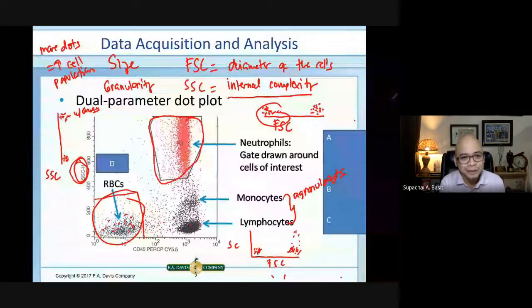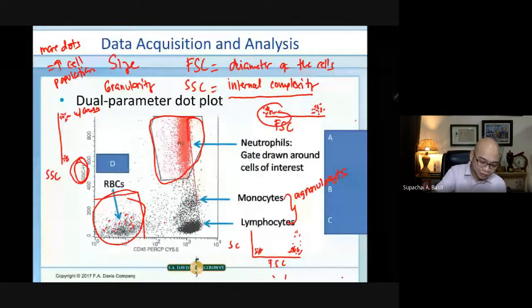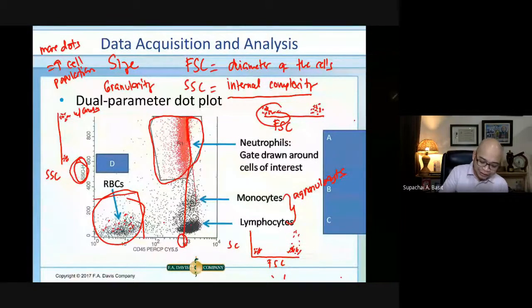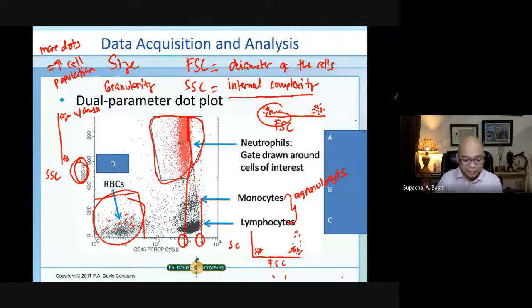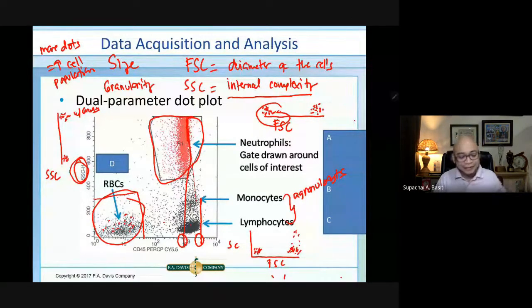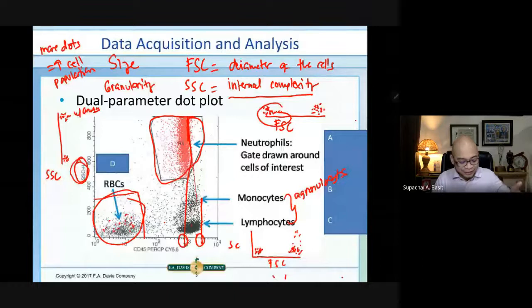Now, when it comes to size, the biggest WBCs are supposed to be the monocytes. They're even bigger as compared to the neutrophils. So in terms of size, neutrophil is here, and then monocyte is here. So this is now the dual parameter dot plot. So you can determine the size, and you can determine the internal complexity.